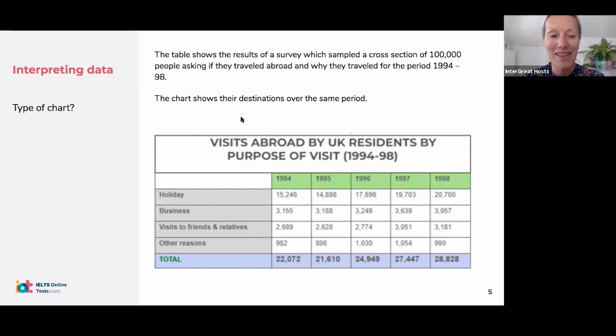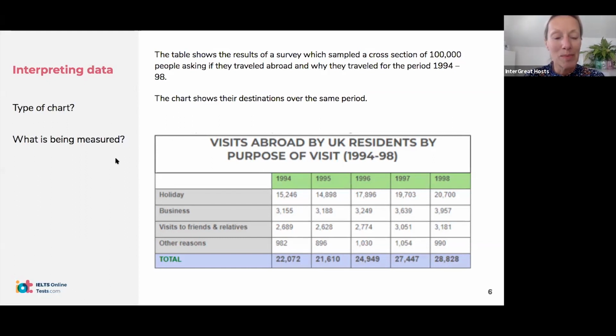You should get a good mark then. Right, what type of chart is this? It's a table, yes. What is being measured? Yeah, visits abroad by UK citizens, UK residents.